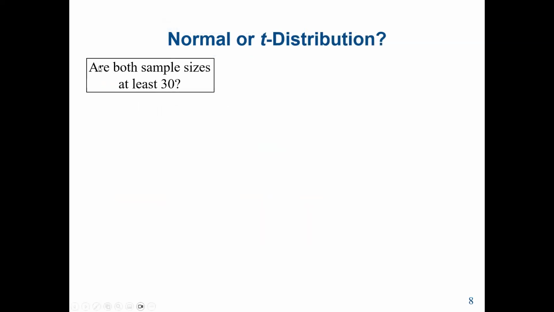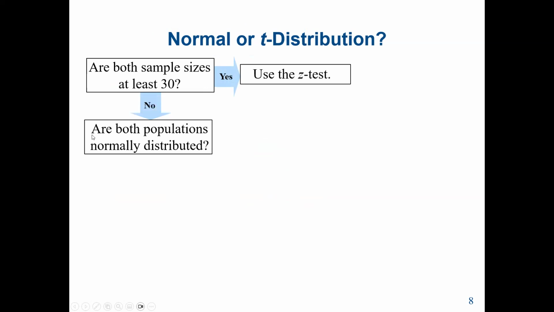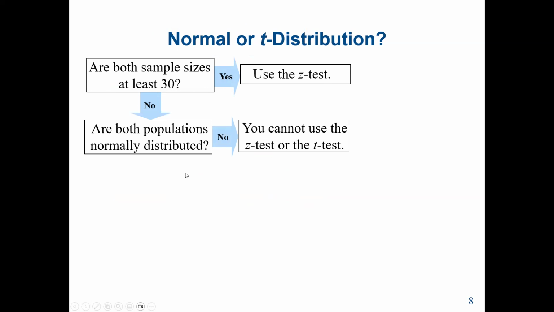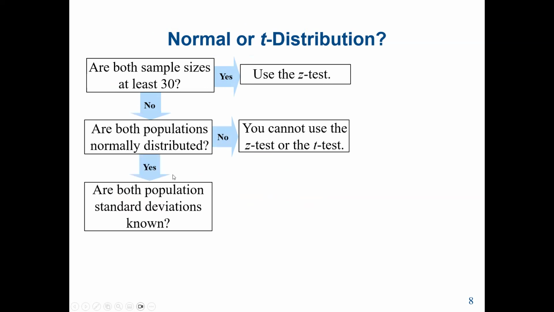So these are the steps. Are both sample sizes at least 30? If yes, then we can use the z-test. If no, then we check: are both populations normally distributed? If yes, and both population standard deviations are known, then we can use the z-test, even if the sample size is less than 30.